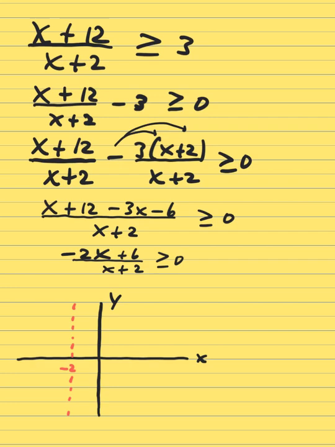The numerator is 0 when x is 3. So we have a vertical asymptote and one x-intercept. Okay, let's put this in our graphing calculators and check out the graph.